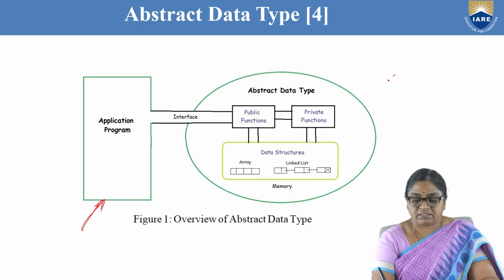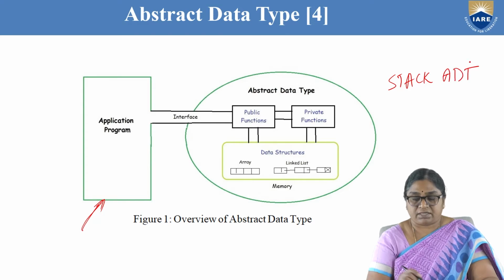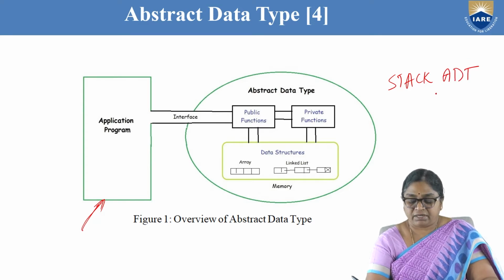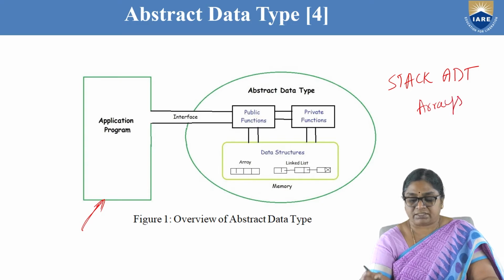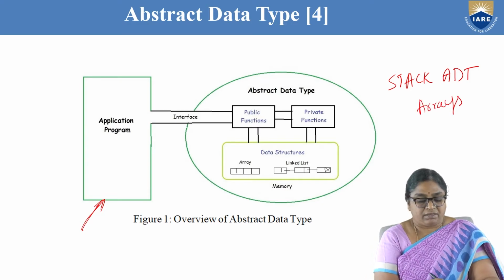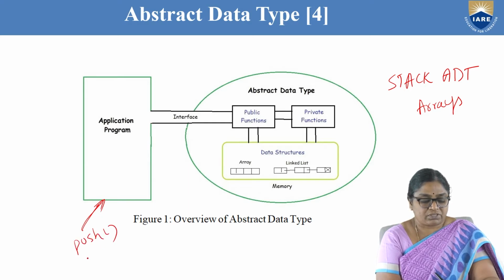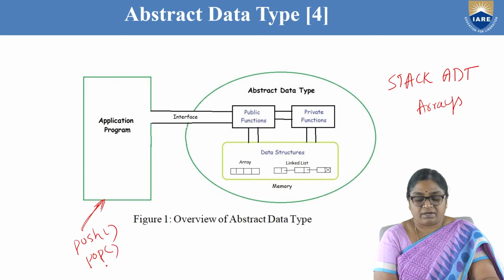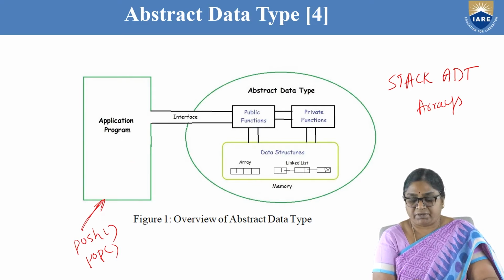Suppose there is a stack ADT which is implemented using arrays. Then the application program directly uses the functions like push and pop through the interface. The application program doesn't know anything related to the implementation of the stack ADT.